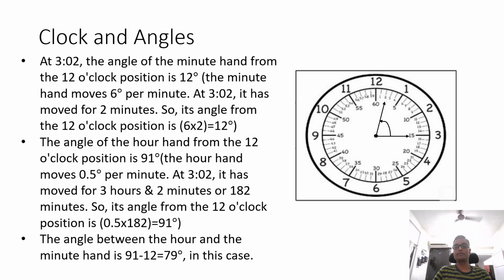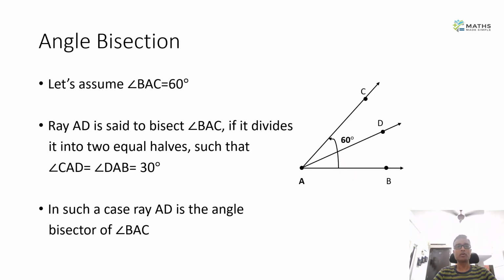particular case. The next concept that we would go through is angle bisection. Let's do it with the help of an example. Now in this particular figure, let's assume that angle BAC or angle CAB is equal to 60 degrees.